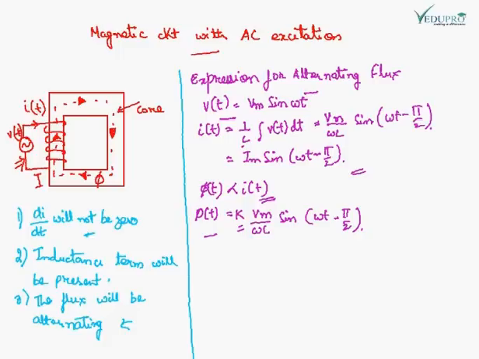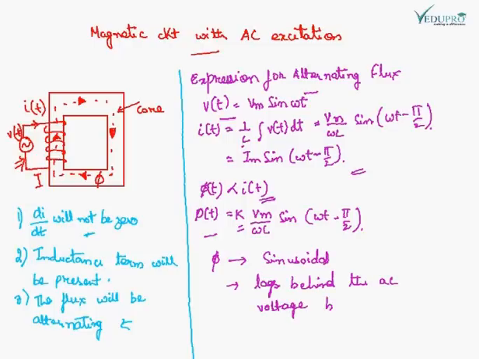So the flux is sinusoidal and it lags behind the AC voltage by 90 degrees.